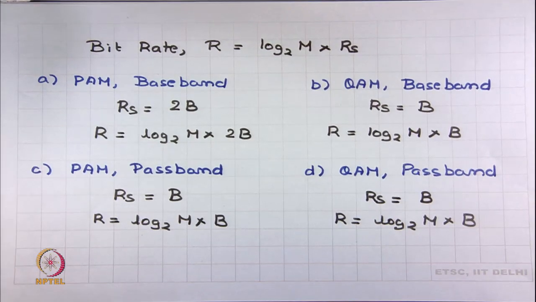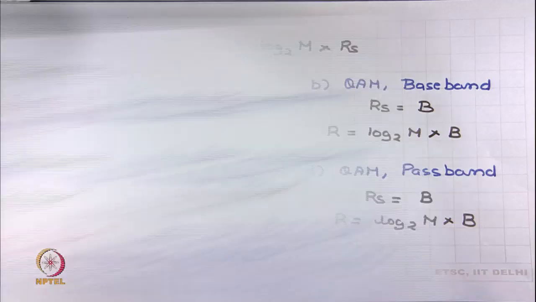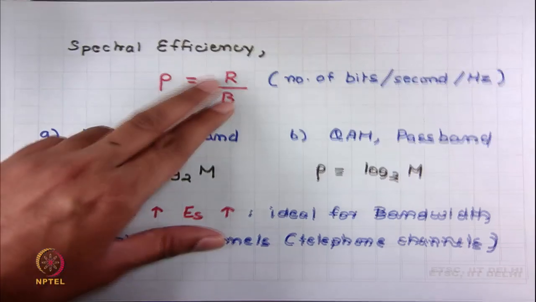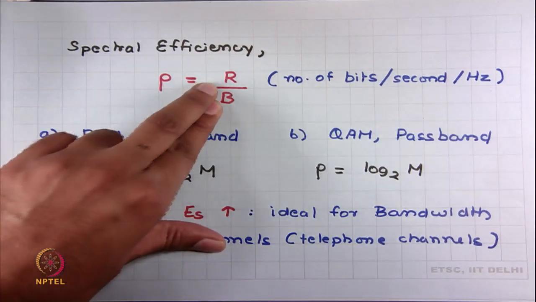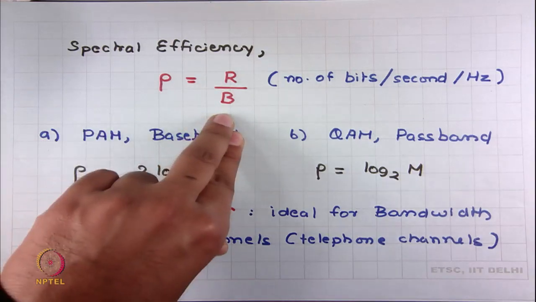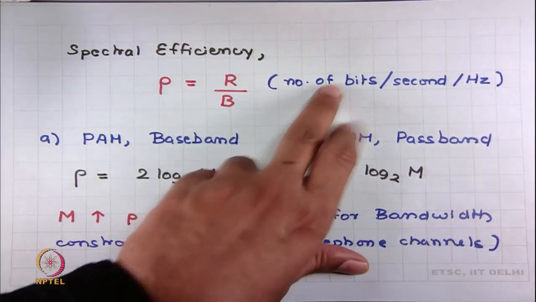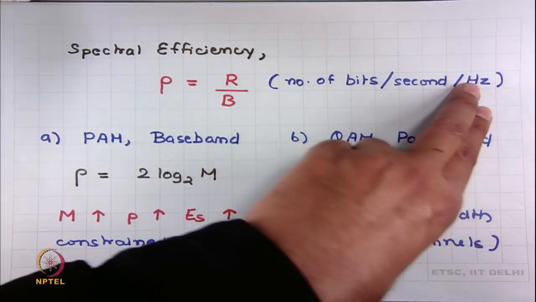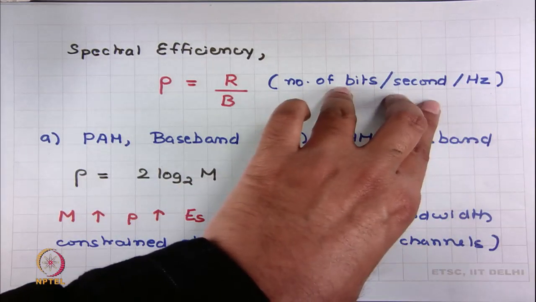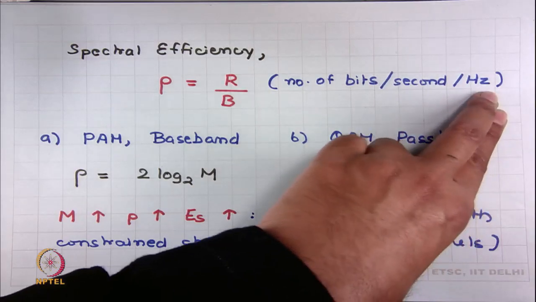Now, once you have defined the bit rate, you can talk about the spectral efficiency. The spectral efficiency is nothing but the bit rate divided by the bandwidth, that is it. The unit will be number of bits per second per hertz, because it is a bit rate divided by the bandwidth, the unit of bandwidth is hertz.